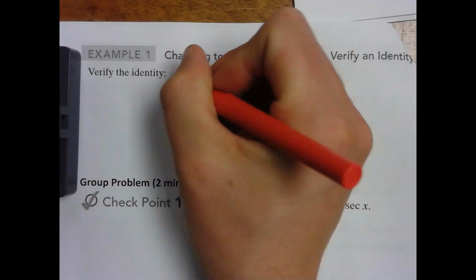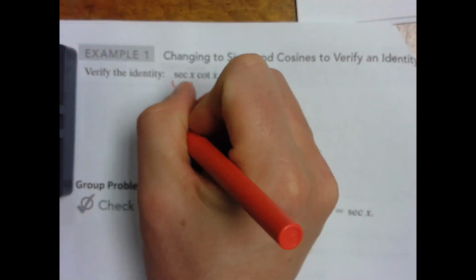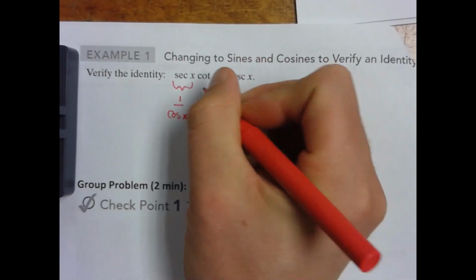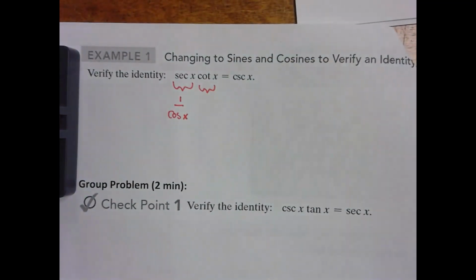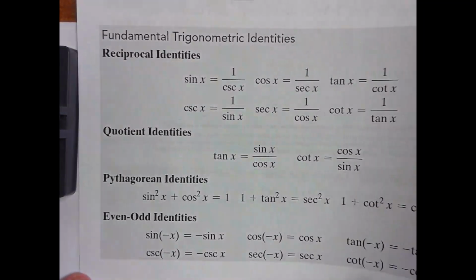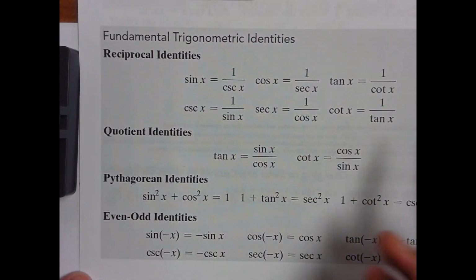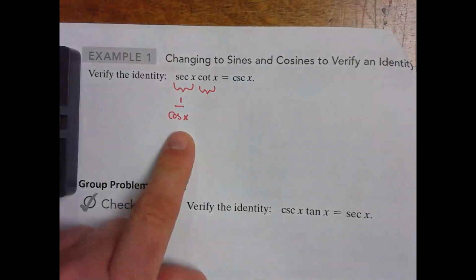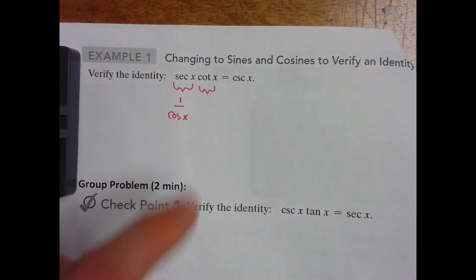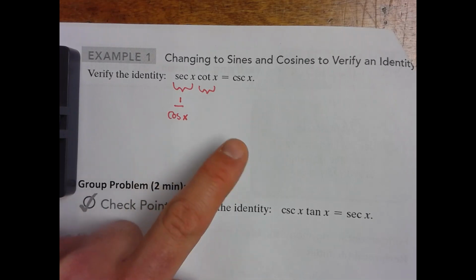So instead of secant of x, I'm going to call this 1 over cosine of x. And I'm going to do a similar thing with cotangent of x and find a way that I can rewrite it. On this identity sheet, I'm seeing two different ways of how I can rewrite cotangent. I can write it as 1 over tangent of x. If I do that, I'm not really seeing any algebra that's telling me how I can eventually get to cosecant.